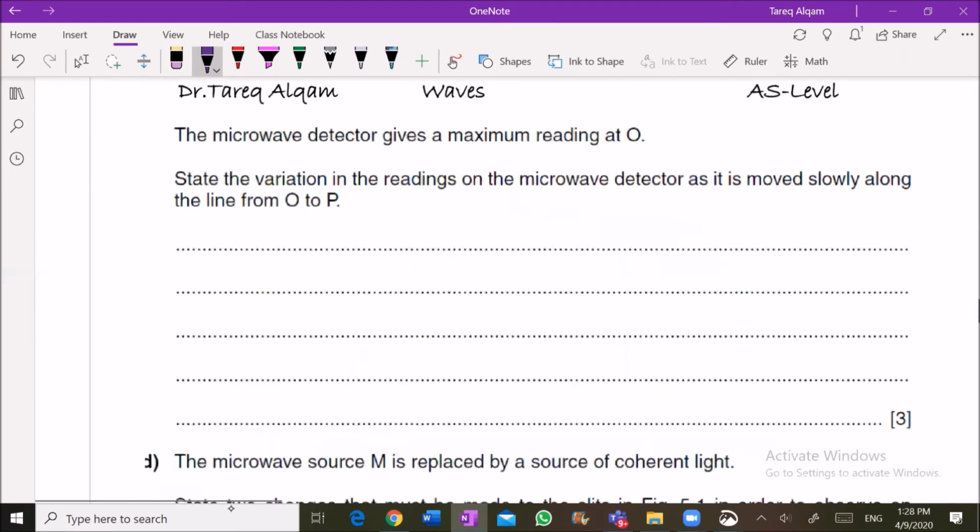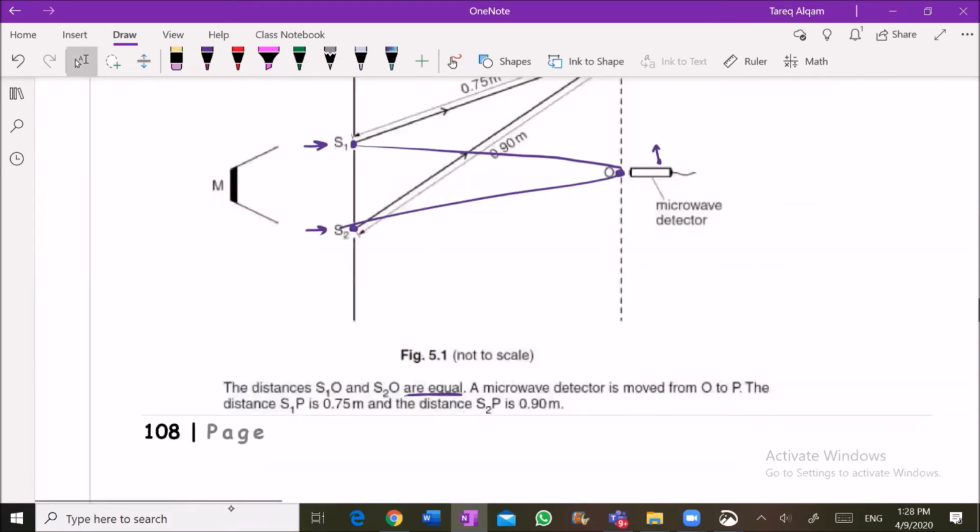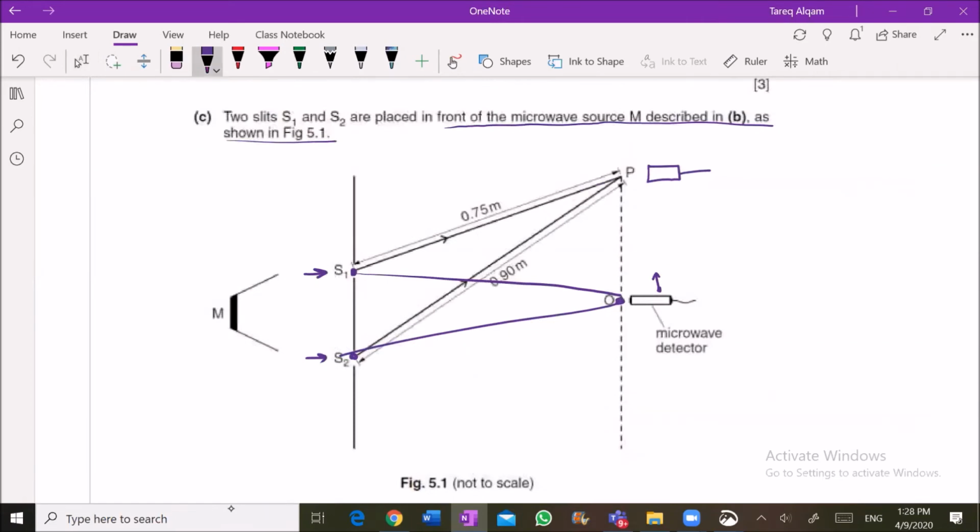The microwave detector gives maximum reading at O, which is expected because we agreed it's the central maximum. State the variation in readings on the microwave detector as it is moved slowly along the line OP. Who can tell me what will happen here? What will the detector detect from O to P?